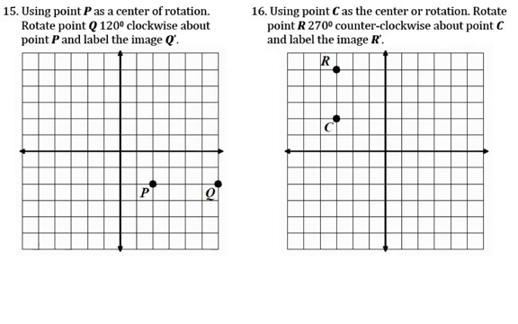Okay. 15 says, using point P as a center of rotation, rotate point Q 120 degrees clockwise about point P and label the image Q. Alright, so this one, the way you're thinking about it, you're thinking of a circle, right? If that were my stick, and this was the end of the rope, and we ran around or played tetherball around it, that's what we're looking for.